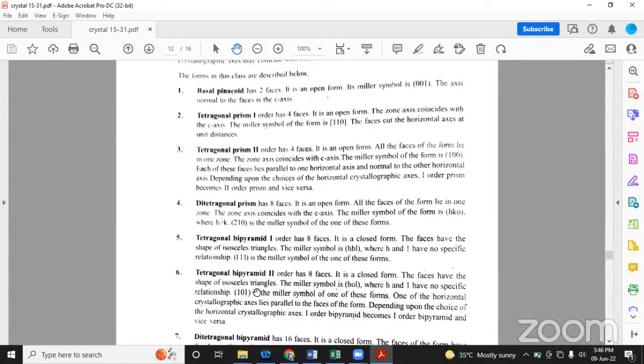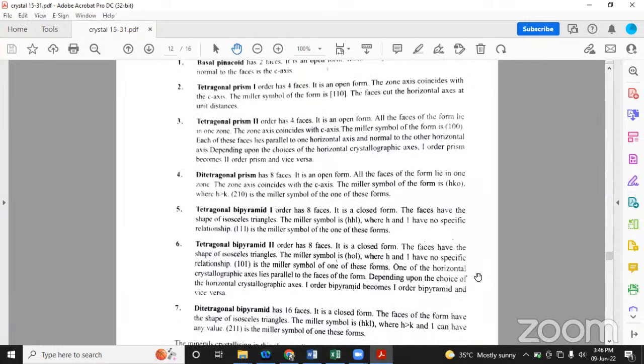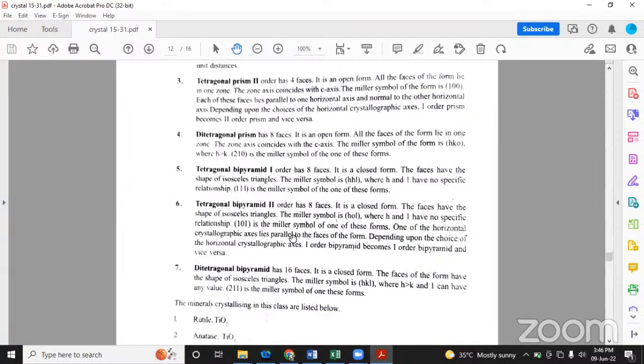We come to this bipyramid, second order. One of the horizontal crystallographic axes lies parallel to the faces of the form, depending upon the choice of horizontal. If you come to our crystallographic lab, you can observe the crystals: how the axes are going, what the symmetry is, what the angle is, how you can calculate this angle, how you can see the faces.